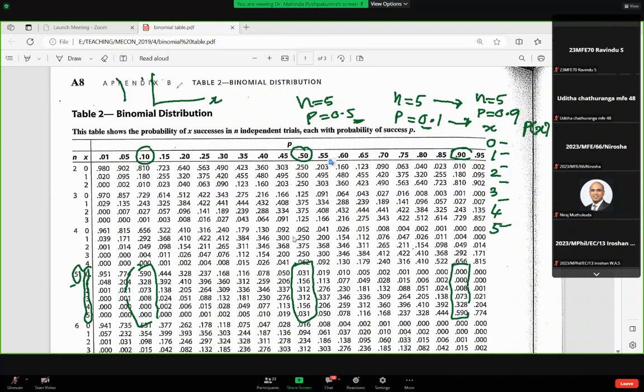Let's say x, P(x). X is, let's say, 0, 1, 2, 3, up to 5. Then you can see the probability here. First one, 0, the probability is, let's say, this much. Then x equal 1, the probability is like this. X equal 2.